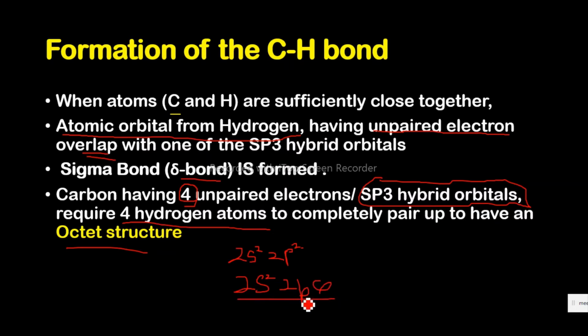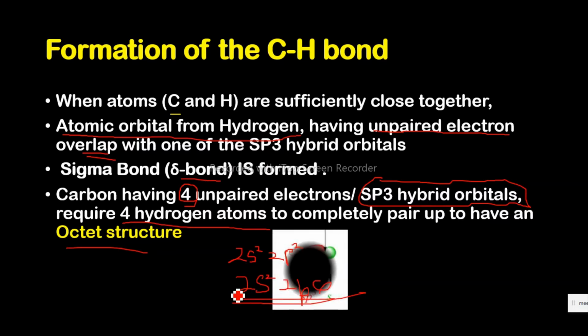This is the electronic configuration of a noble gas, neon. So in nature, elements or atoms will tend to react in order to form that noble gas configuration, which is stable.